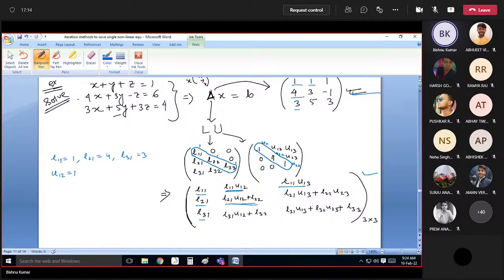In some books you will get the L matrix with 1, 1, 1 on the diagonal. Don't hesitate; in that case the U matrix has variables U11, U22, U33. Whatever you consider, it will not hamper. One will be variable, another will be constant, and that constant is 1, 1, 1 for the diagonal elements. Is it clear?